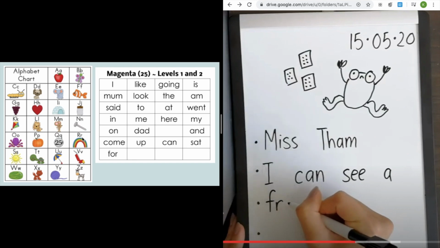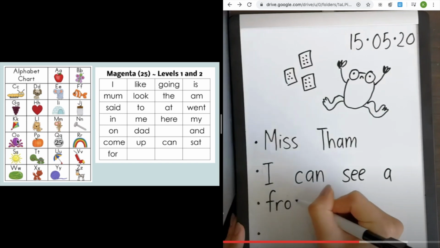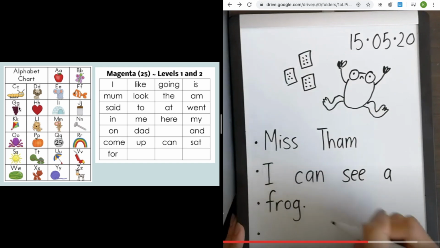And then that's the letter O. Going to write a small o. And then grapes. And I'm going to write the lowercase g. Frog, and then a full stop at the end of my sentence. So that's my first sentence done.